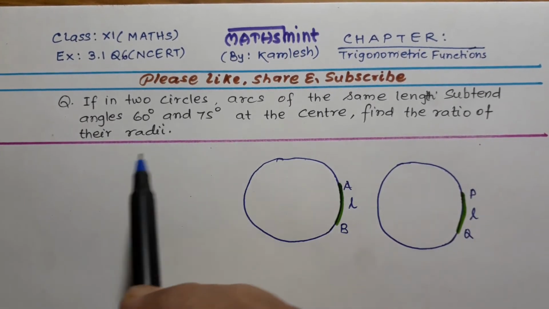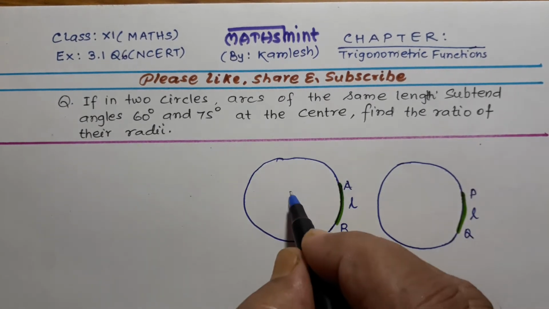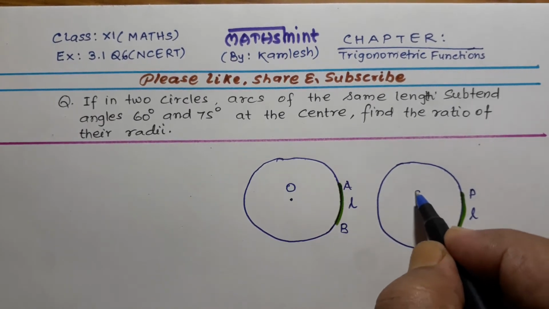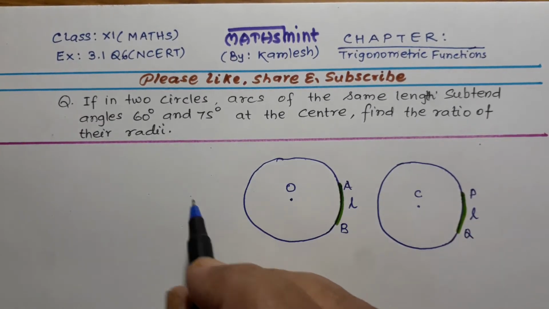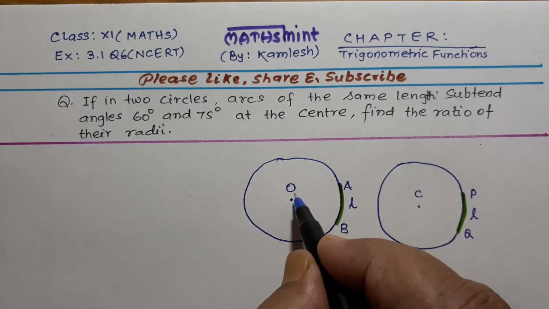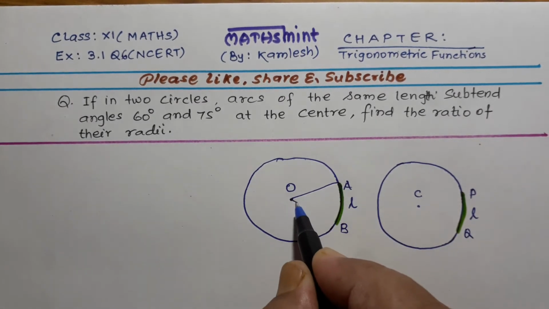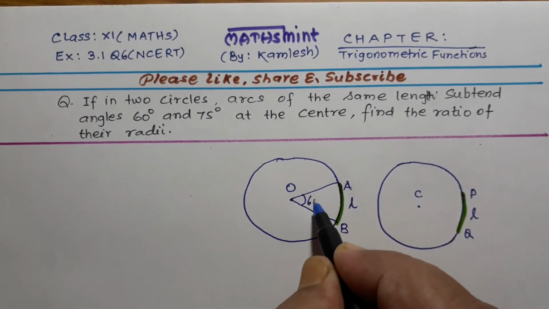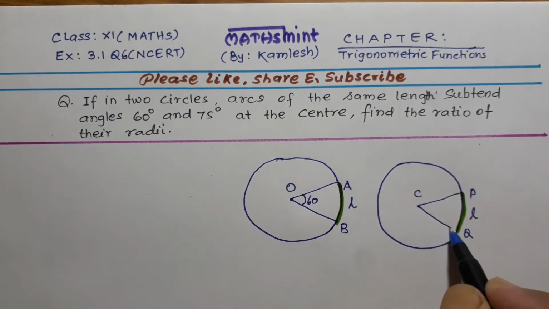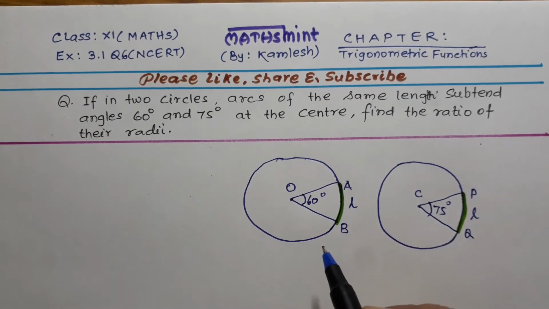And second thing is, both are subtending angles at center. So this is center O of the first circle, and the second circle's center is C, and they subtend angles 60 degree and 75 degree. The circle with center O subtends 60 degree, and in the other circle the arc subtends angle 75 degree, right?